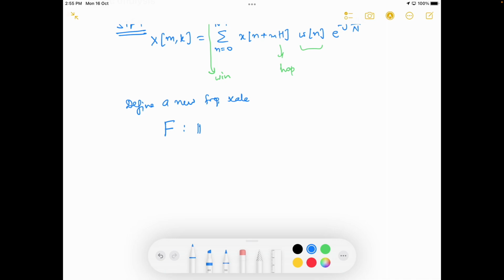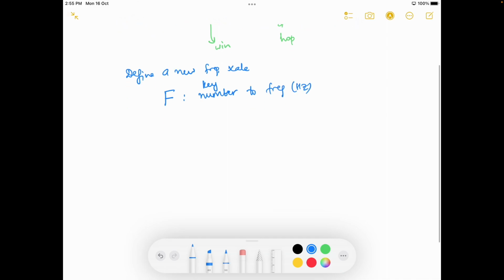It's a mapping from the number line, like natural numbers, I think integers. Integers are represented by Z. Integers to the frequency axis, or you can say key number to frequency.